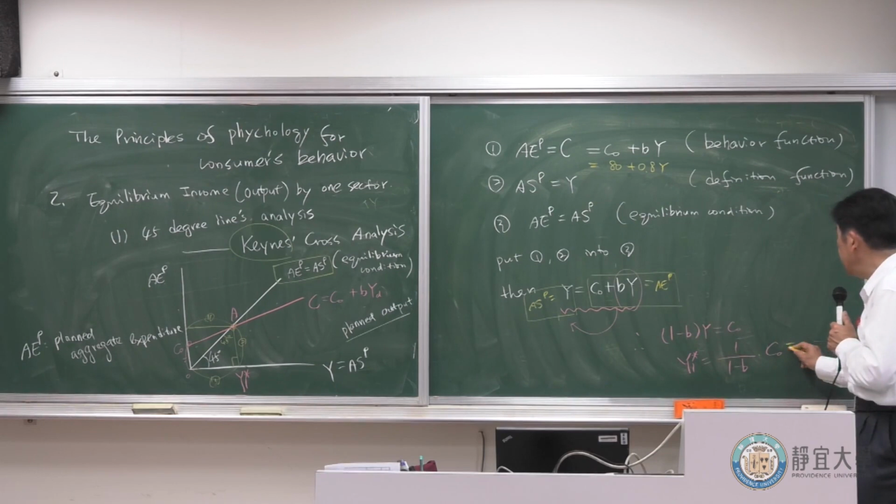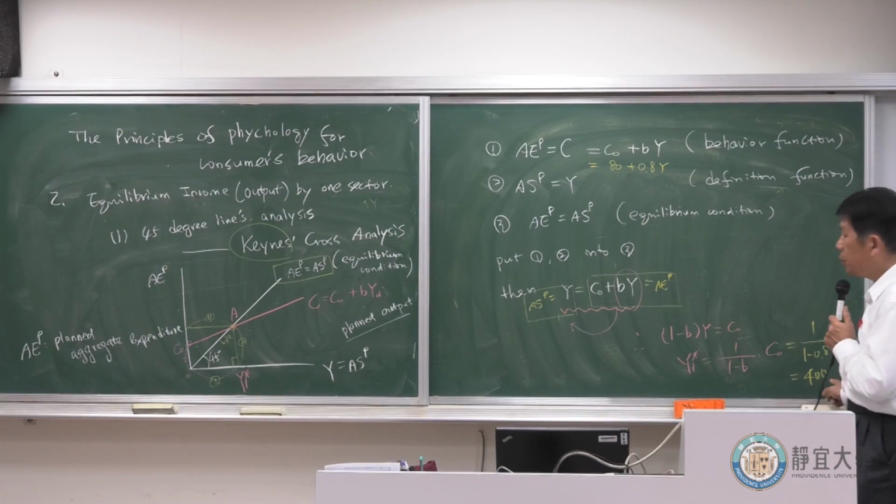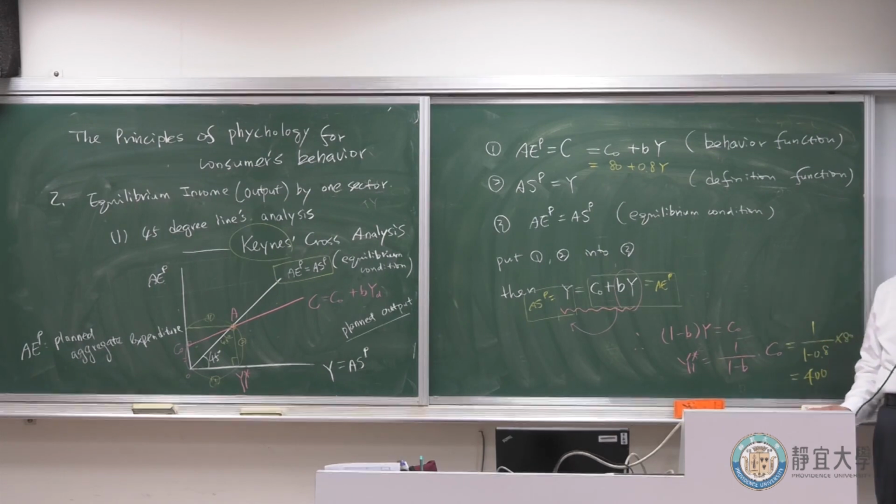After that, you can see this is 1 minus 0.8 and C0 is 80. So after that you can find Y is 400.